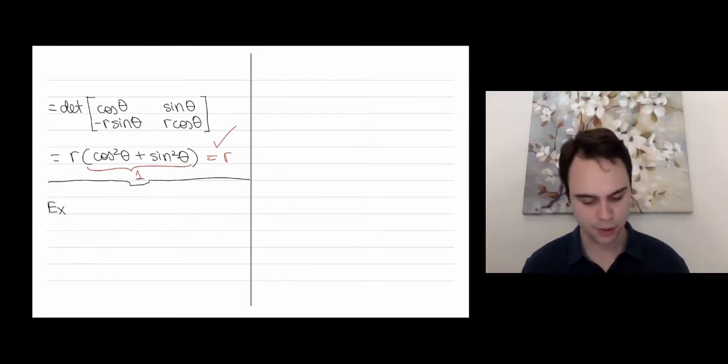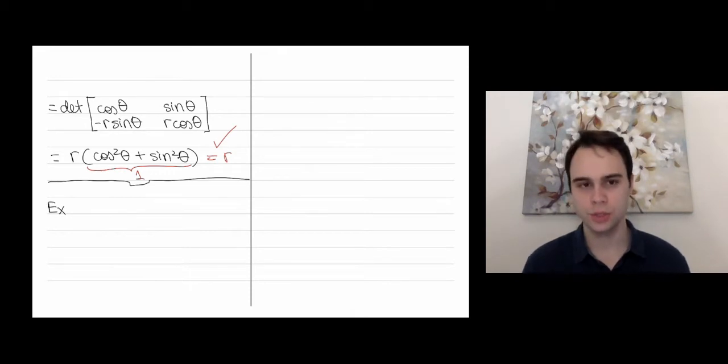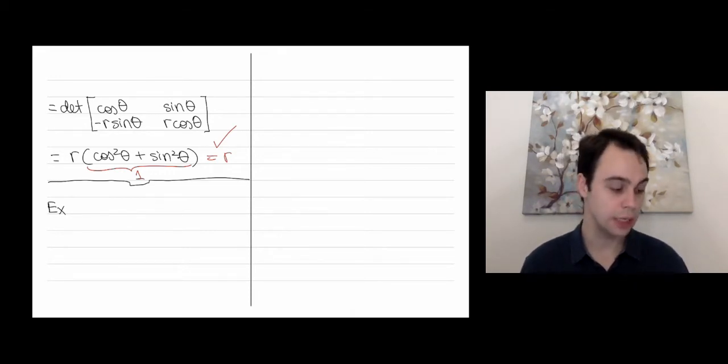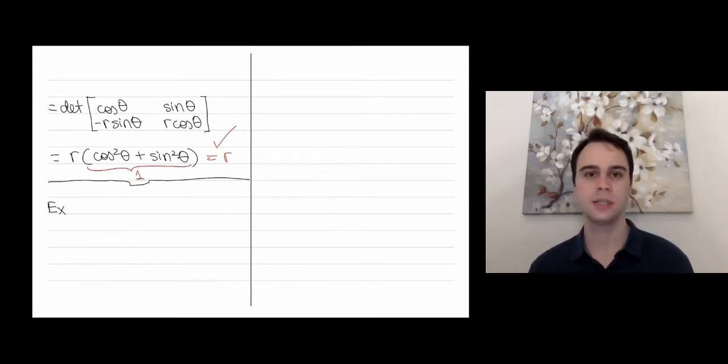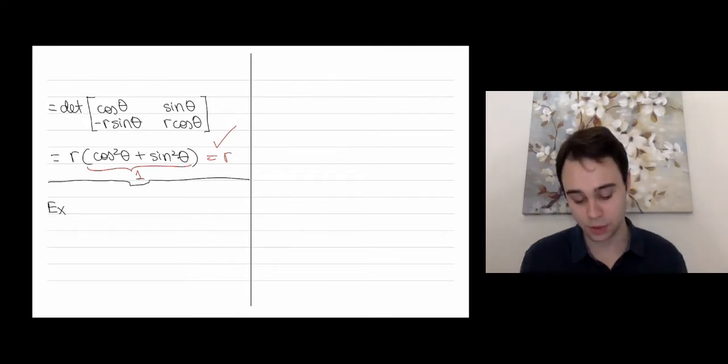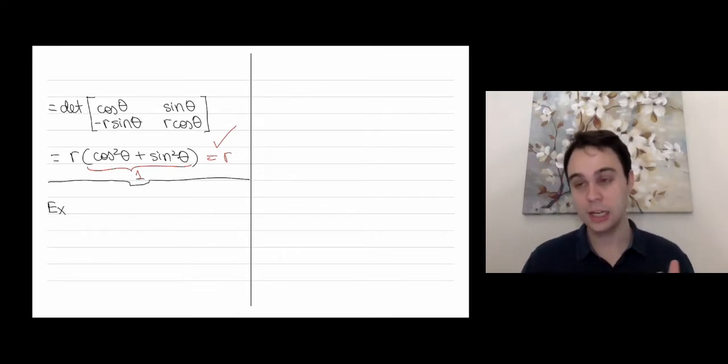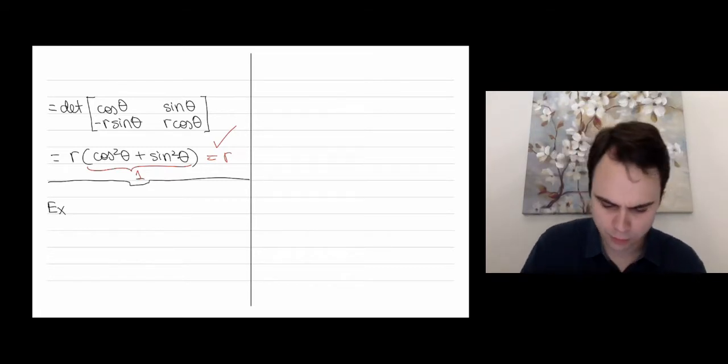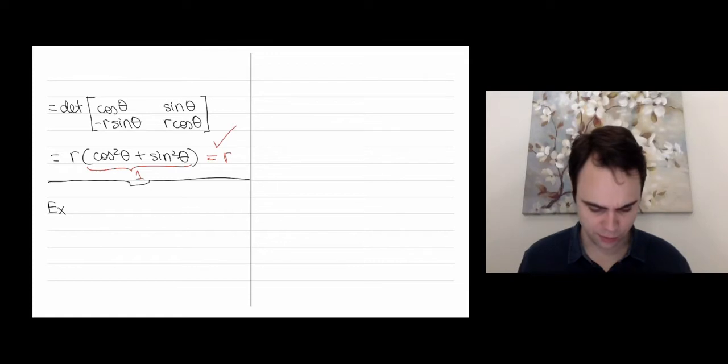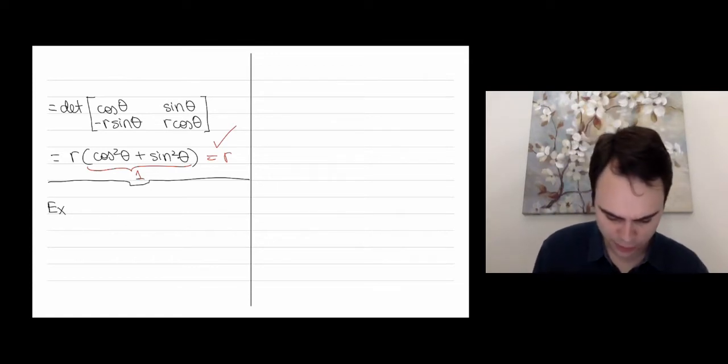I won't explain it too much because one, it's really close to the 2D situation, and two, in exams and homework, you won't be asked to do 3D, not because it's any harder, but because taking the determinant of a 3x3 matrix takes longer, and setting up the matrix and computing a bunch of partials is a little bit boring. So you don't have to bother with the three-dimensional case.